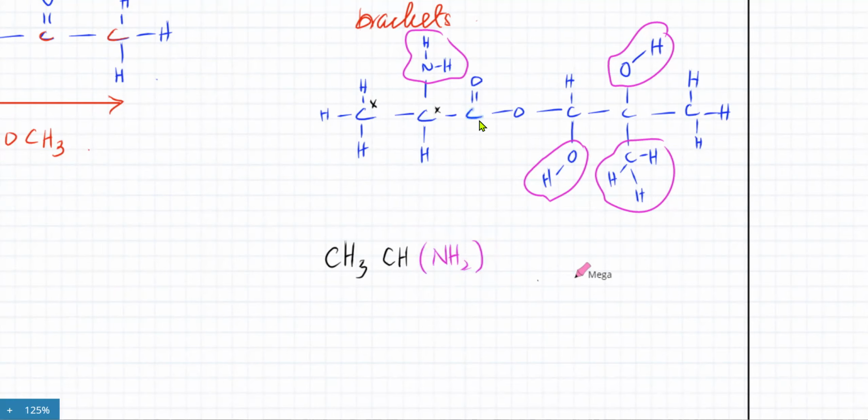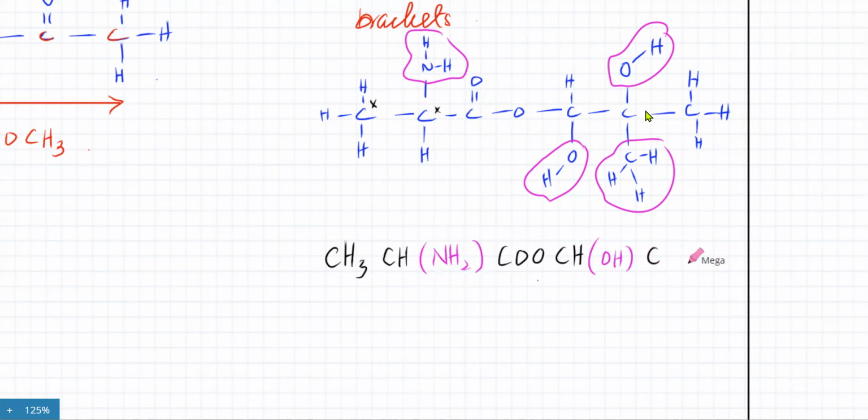After NH2, you've got a CO, and after that CO, we got another O. After that O, there is CH, and that CH has an OH branch, so I'm going to put the OH branch in brackets. Then we move to the next carbon, which has two branches coming out of it.